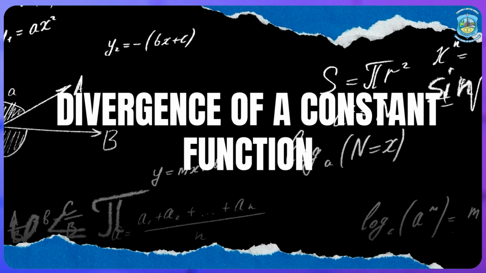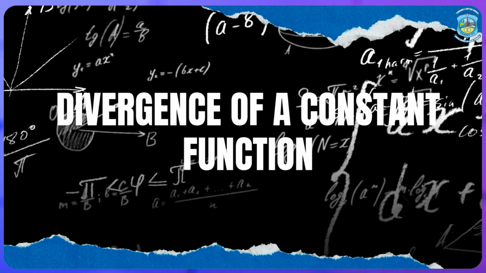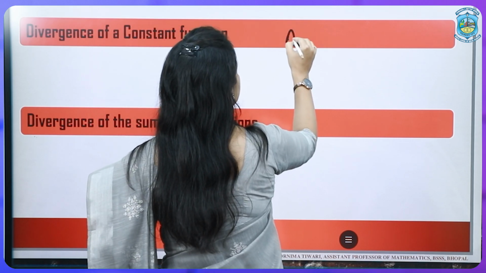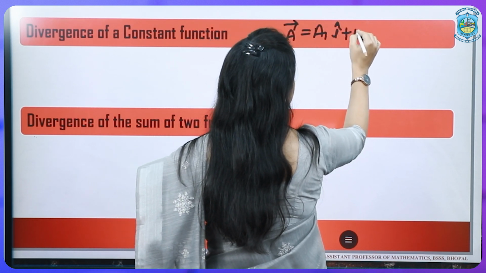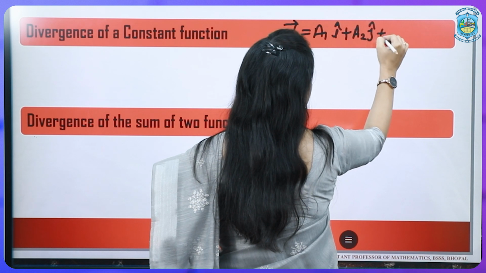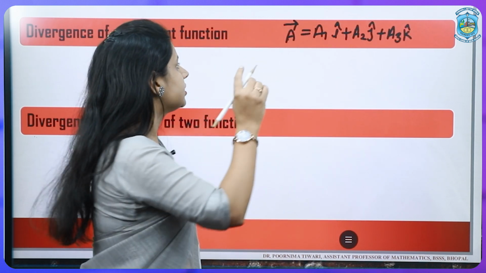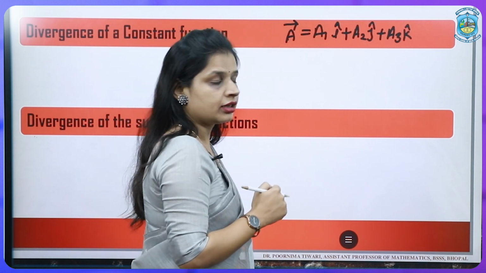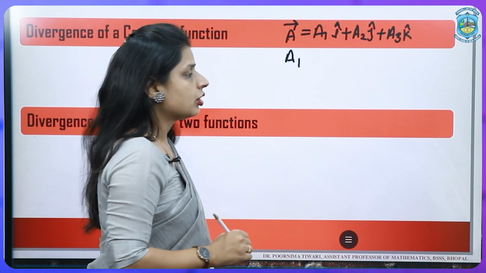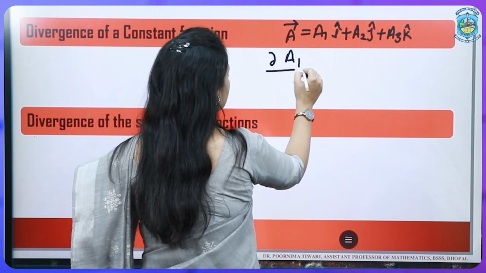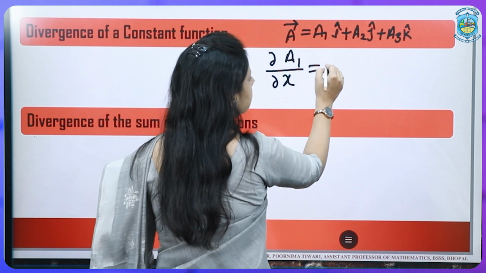Next we will find divergence of a constant function. Suppose we have a vector function a, which is a1 i cap plus a2 j cap plus a3 k cap, and this is a constant vector. That means a1 is a constant. So, when we find the derivative of a1 partially with respect to x, we will get 0.